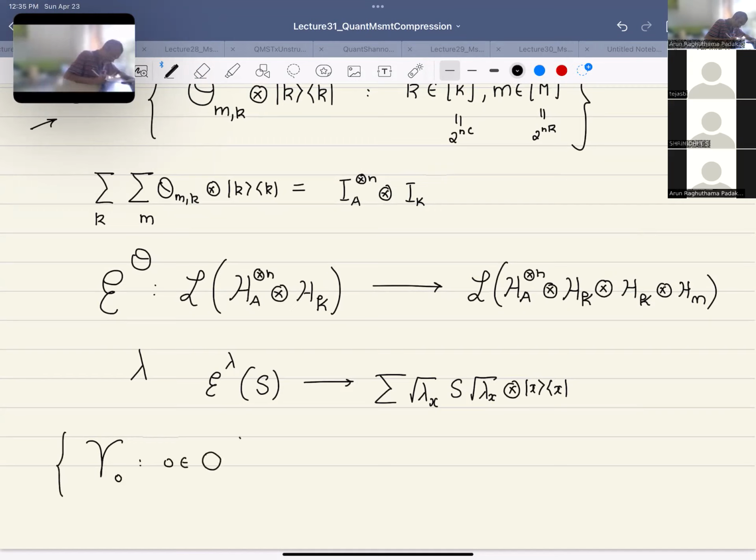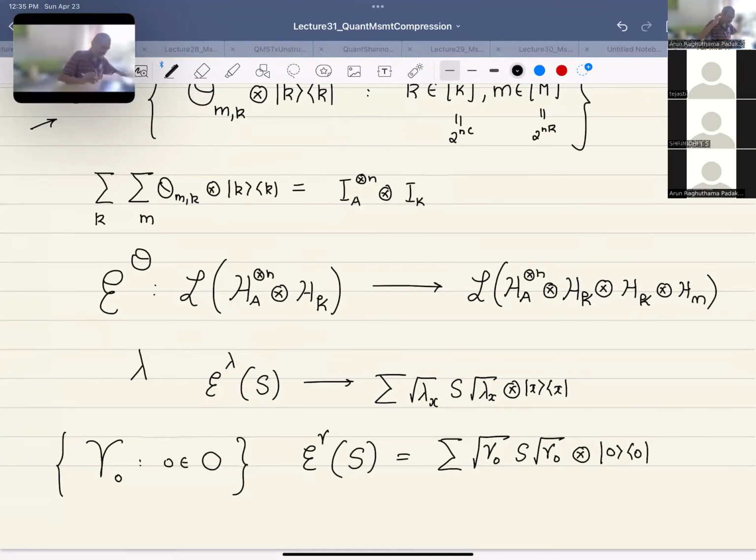Whenever I have this POVM, E gamma is defined as, when I operate on S, I'm just going to do root gamma o S root gamma o tensor the outcome. So this is my definition for any POVM gamma with an outcome set O.